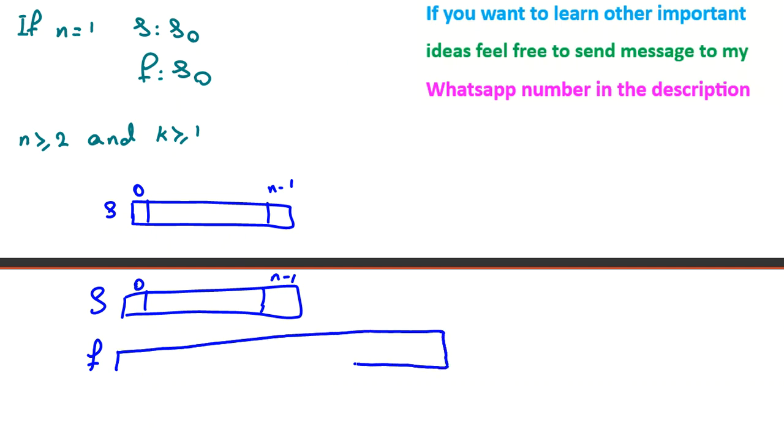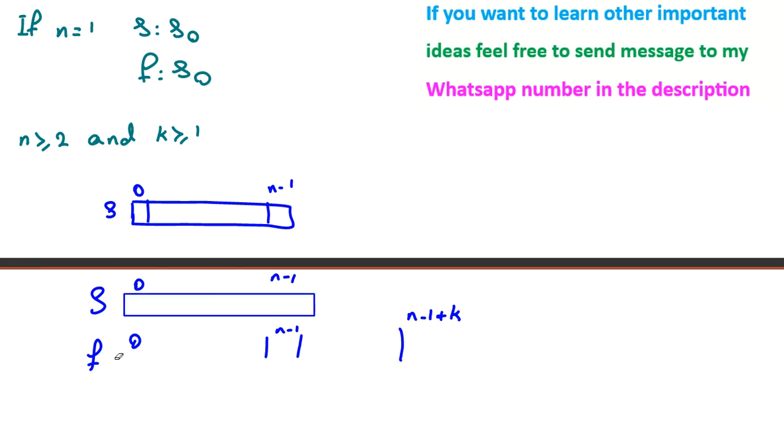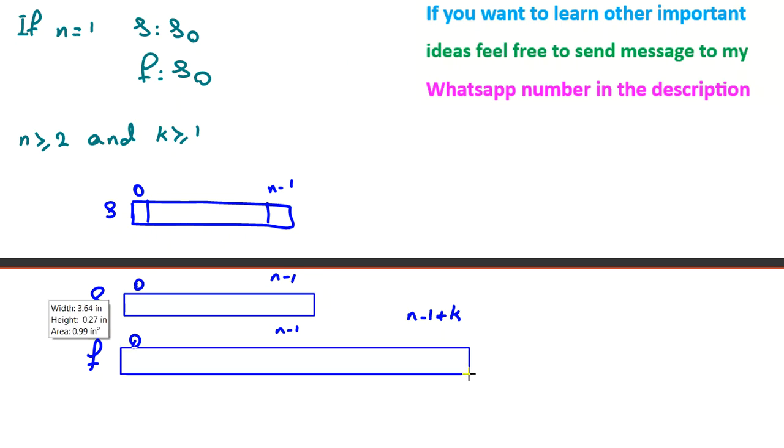Or our output is 0, n minus 1, n minus 1 minus plus k. Okay? And then we can say what here also we can use this, and let me show next one like this. Okay.